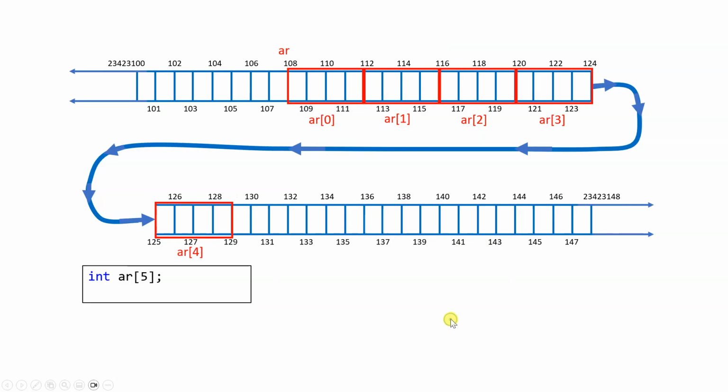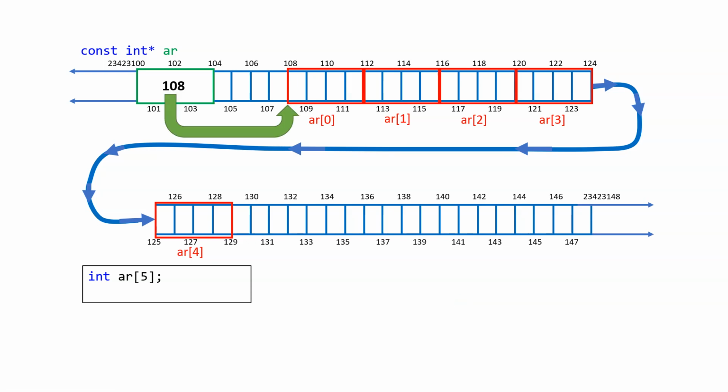But when you actually create an array, there are series of variables happening back to back. And the name of the array is not actually a name. It is actually a pointer, a constant pointer that points to the beginning of all of them. That's how arrays are designed, using a pointer.